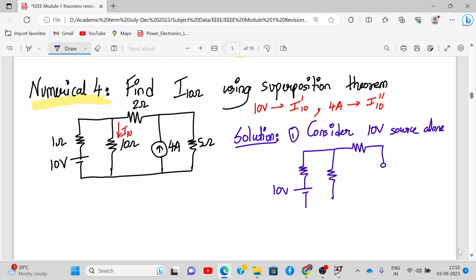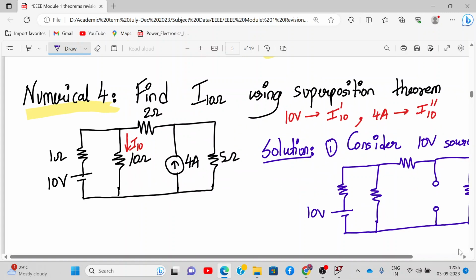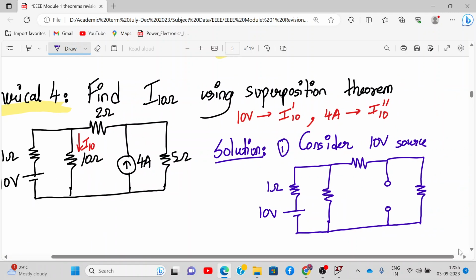Then this current source will be open circuited, right? And I have a resistor. So this is 1 ohm, this is 10 ohm, 2 ohm, and 5 ohm. In this circuit, I need to find I10 dash.